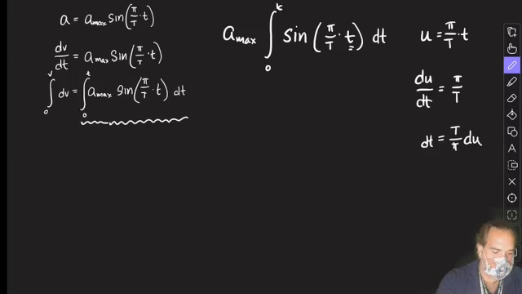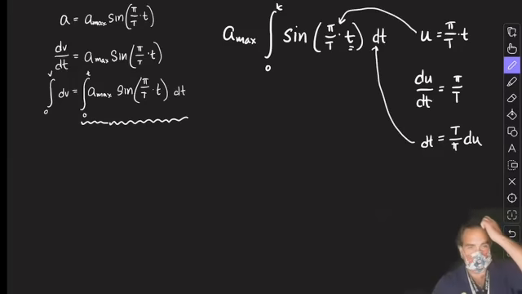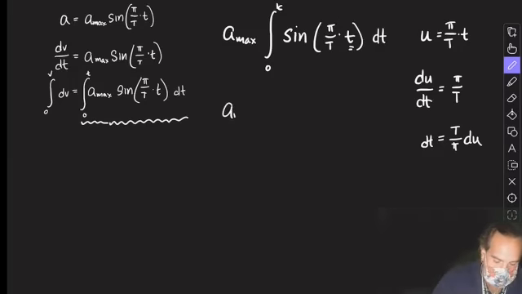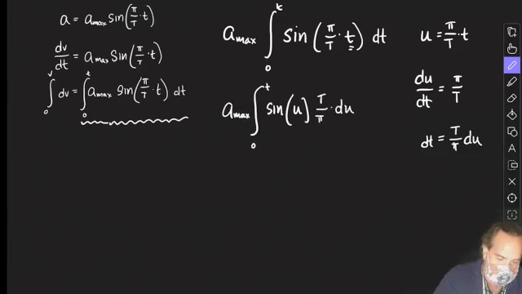So u sub means I'm going to substitute in for my function, and I'm going to substitute in for dt. When I do, I get A max integral sine of u, and then I have this T over pi times du.